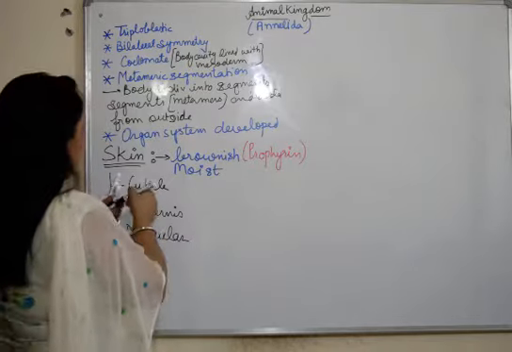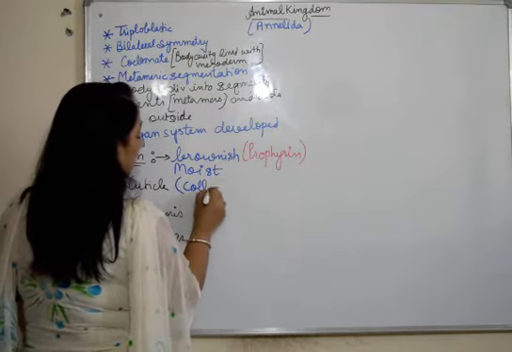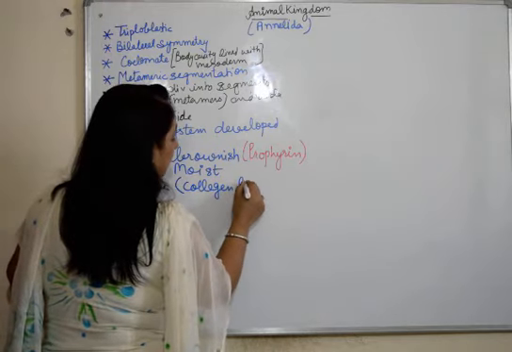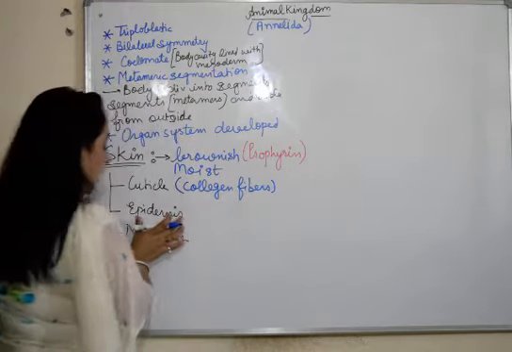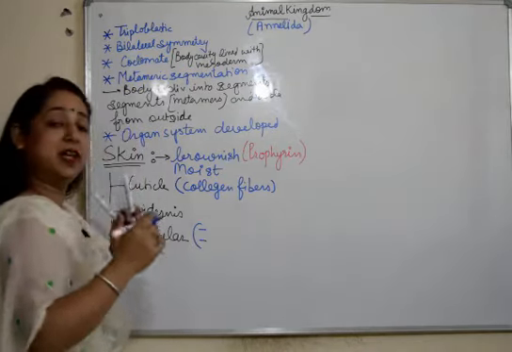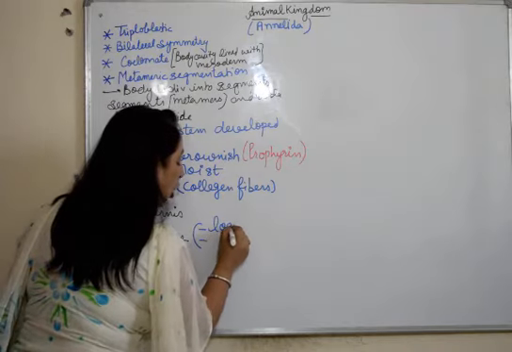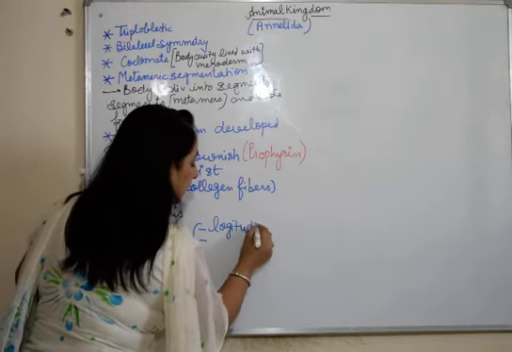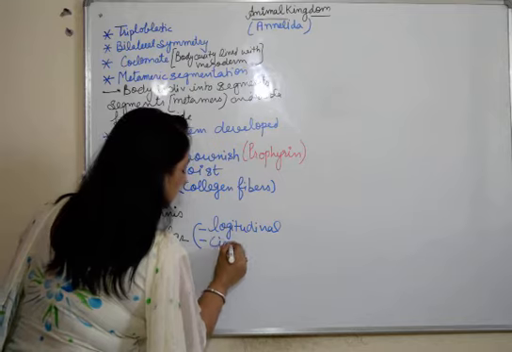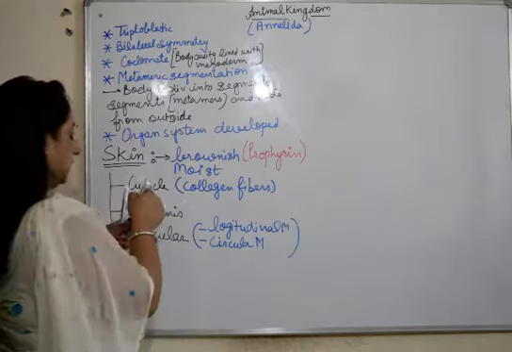Now cuticle here has collagen fibers in it. Then is the epidermis layer, and muscular layer. In roundworms, there are only longitudinal muscles present, but herein they have longitudinal and circular muscles. Both types of muscles are present in the body.